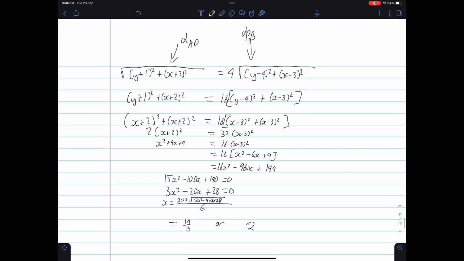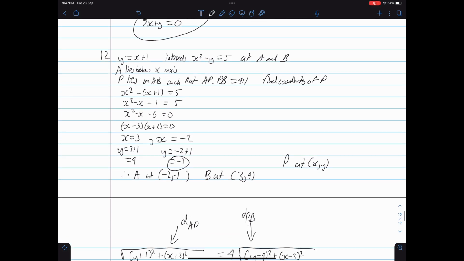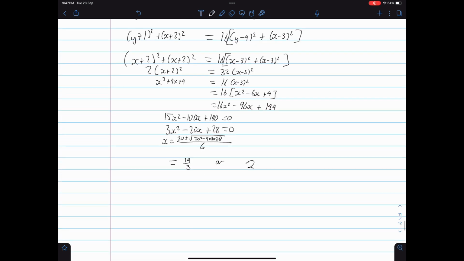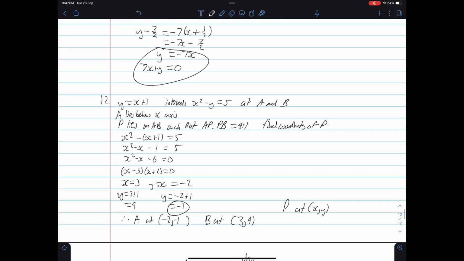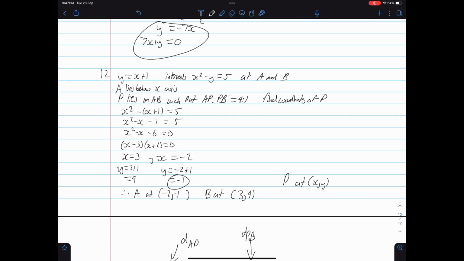Now, one of these is a false solution. This is a false solution because if you did, you get 17 over 3, which is 5 2/3, which is greater than 4, and you can't have that.